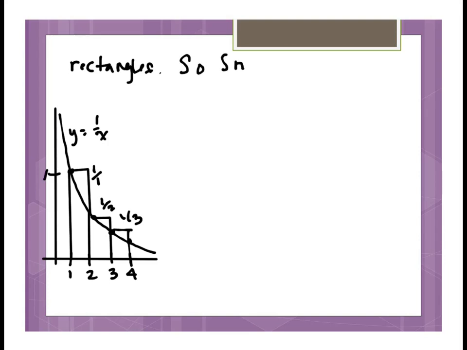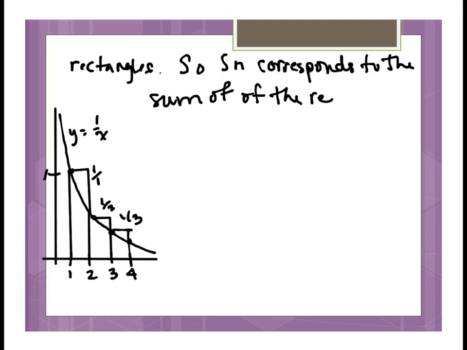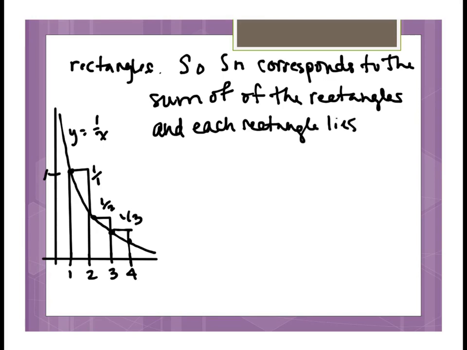So S sub n corresponds to the sum of the rectangles, and each rectangle lies above the curve y equal 1 over x.